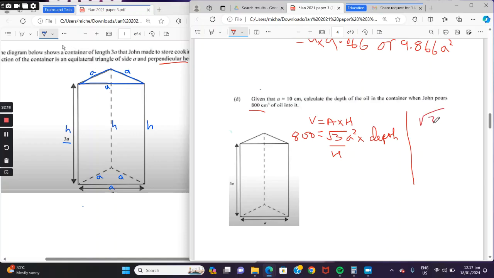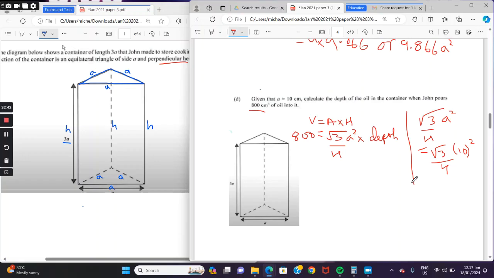So the cube, that A squared over 4. We can replace the A with 10 squared. You know that 10 squared is 10 by 10, or 10 multiplied by 10. So use your calculator, and here's what to do.